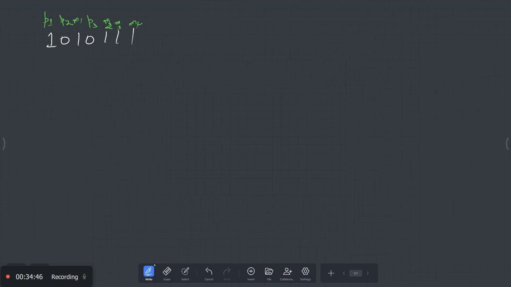Now you check. How do you get P1 here? What are the combinations you have to check? This is your position 1: 1, 2, 3, 4, 5, 6, 7. How do you check that P1 is correct? You have to check 1, 3, 5, 7. What is there in 1? 1.